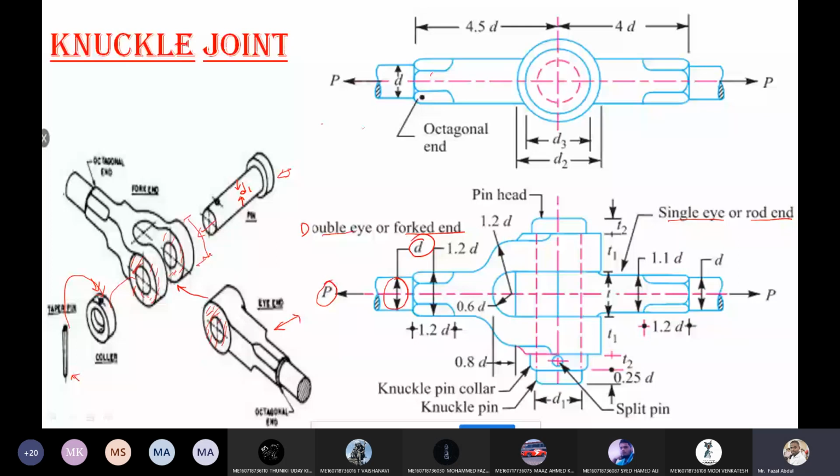d2. And d3 is the diameter of the knuckle pin head. d3 is the diameter of the knuckle pin head, and t is the thickness of the single eye rod.